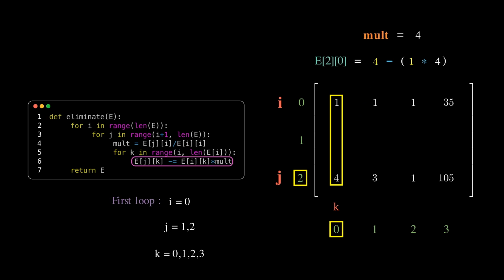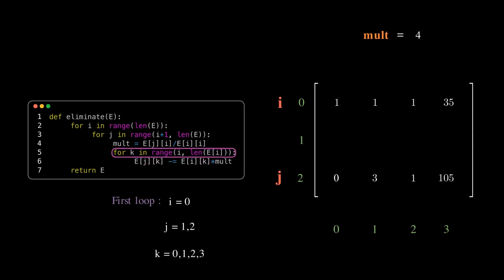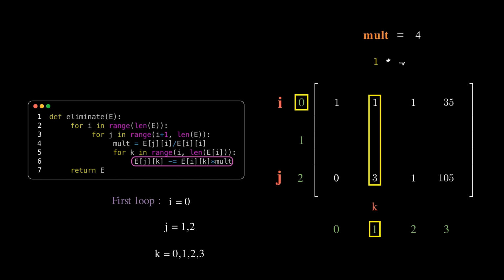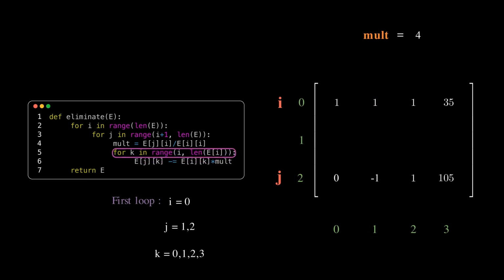On solving, the first element of the third row gets eliminated. Then k will become 1. We'll multiply e01 with the multiplier constant, subtract it from e21, and we'll update the third row again. We will perform these same operations on the remaining elements.